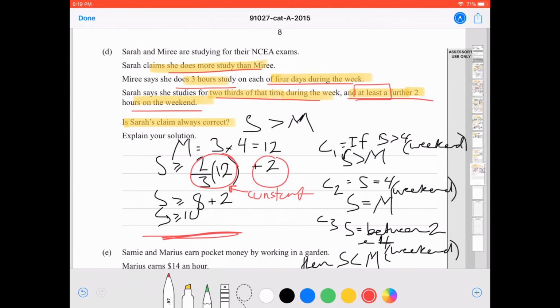It says between 2 and 4 because, as mentioned, it's at least 2 hours on the weekend, and 4 is the other limit, because if she goes over 4, according to condition 1, then she's studying for a longer time than Marie.